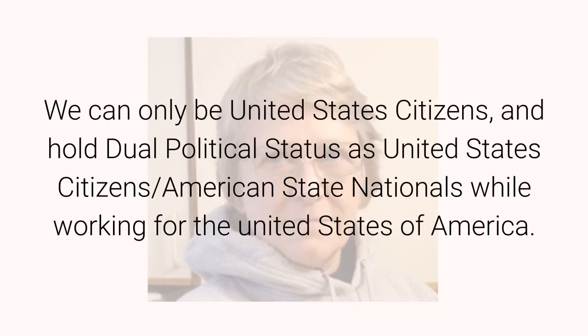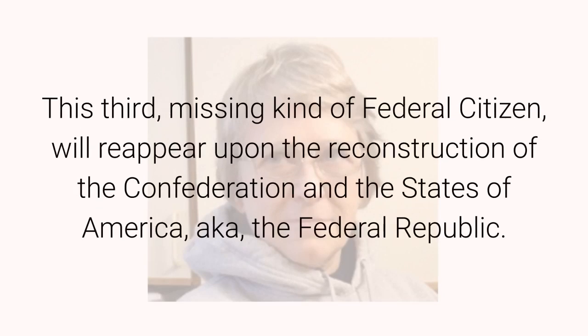We can only be United States citizens, and hold dual political status as United States citizens and American state nationals, while working for the United States of America. This third, missing kind of federal citizen will reappear upon the reconstruction of the Confederation and the States of America, aka the Federal Republic.